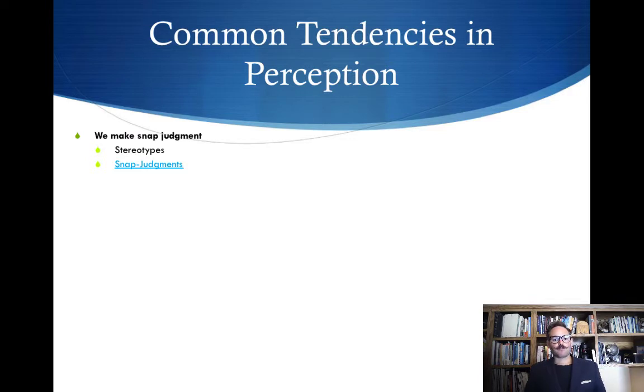It doesn't make them right or wrong, but I'm hoping that after we have gone through this information, we're more in tune to our own perceptions so that we can check ourselves: am I gathering enough information to support this judgment or this conclusion? And I think from this process, stereotypes are formed.